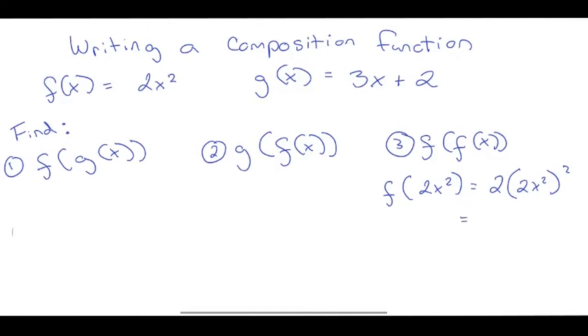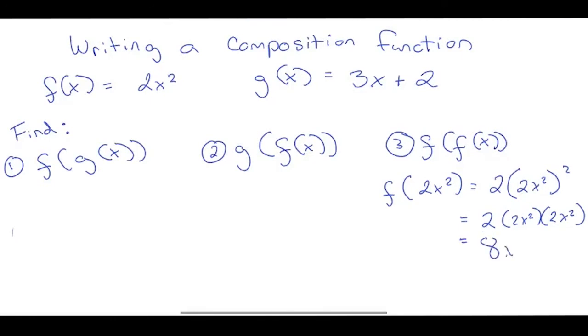So let's simplify this. This is 2 times 2x squared times 2x squared, right? So let's simplify. I have 2 times 2 times 2. Well, that's 8.